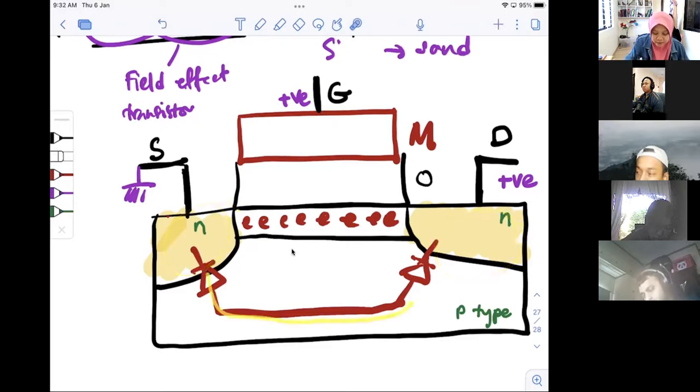So although we have a diode over here, we still have like a wire connecting the source and the drain. Now if I apply a positive voltage at the drain, a positive voltage at the gate, and I ground the source, will there be current flowing?